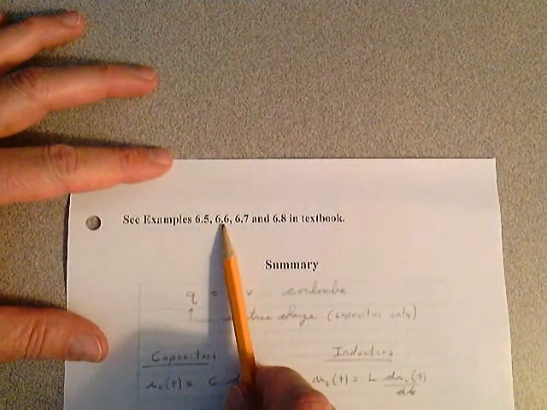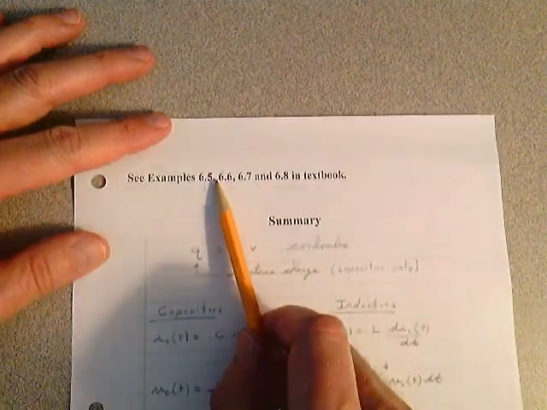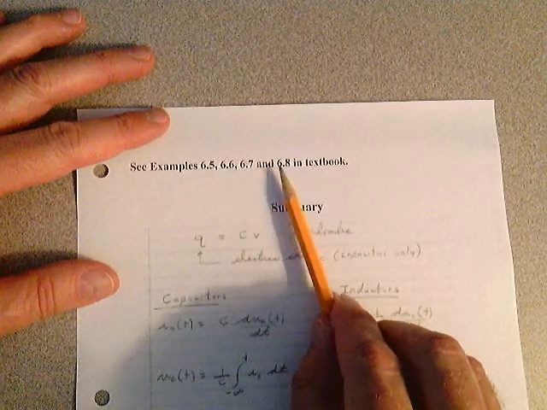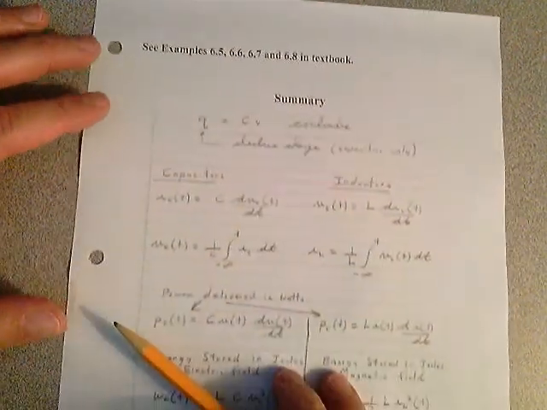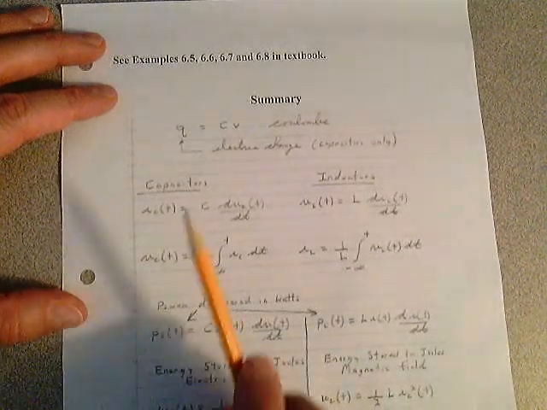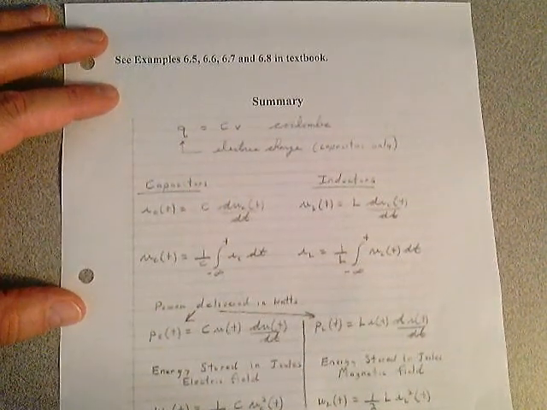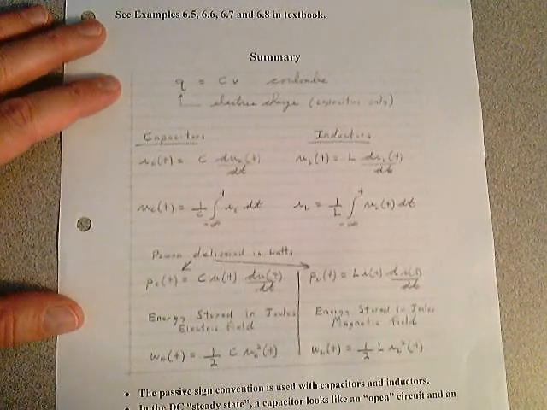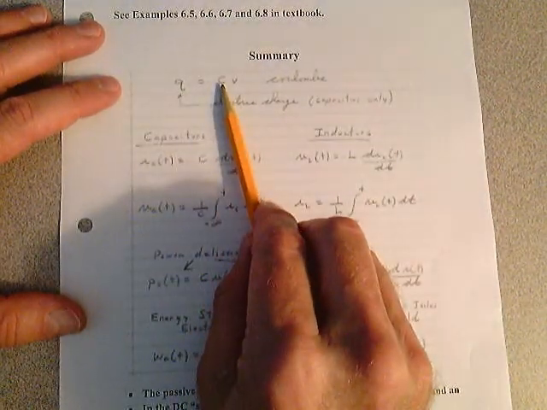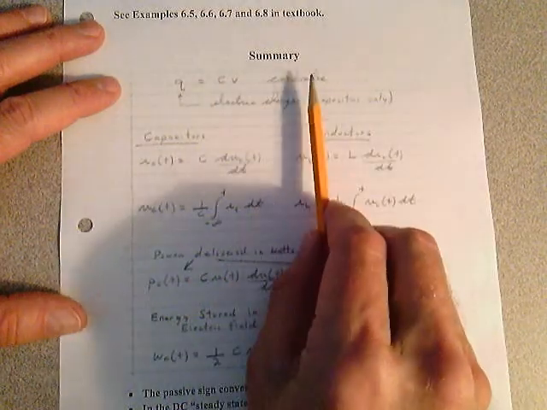Then on page number 11, we already looked in your book at examples 6.5 and 6.6. They work out examples 6.7 and 6.8. You should just look them over. In summary, what we've covered so far, these are equations you should have written down somewhere when you take your quiz or the exam. Charge is equal to C, the capacitance, times the voltage, in coulombs.